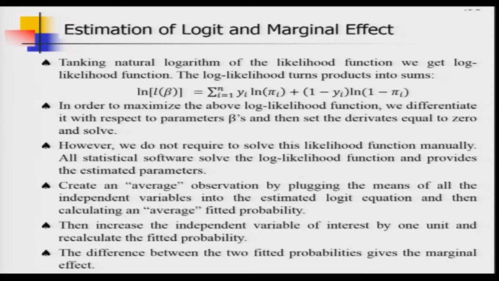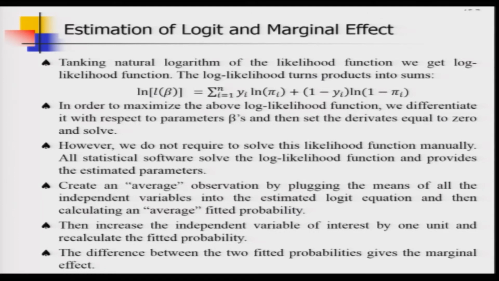So, what do we have to do? We have to create an average observation first by plugging the means of all the independent variables into the estimated logit equation. Here we are assuming that the logit equation that we have estimated involves only continuous explanatory variables. If there is a dummy, then you have to plug in either 0 or 1, because you can't take the mean of that.